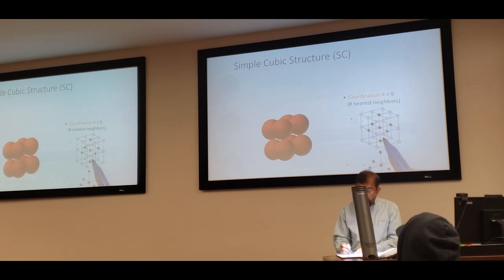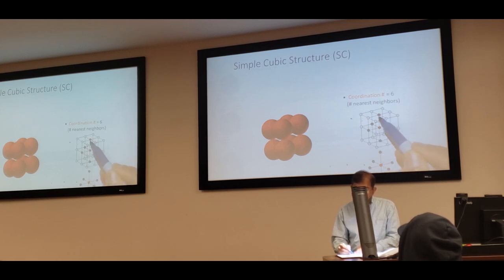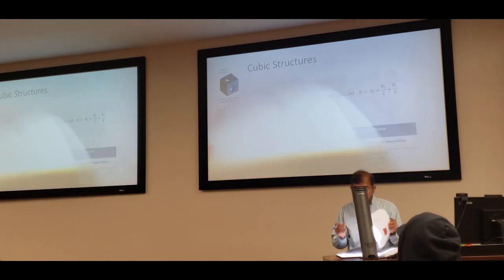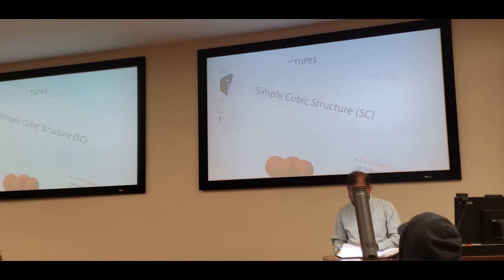If you look at the simple cubic structure, you can see that each atom is surrounded by 6 other atoms. You see 4 atoms in the same plane and 1 atom at the top and another atom at the bottom. So the coordination number of simple cube is 6.